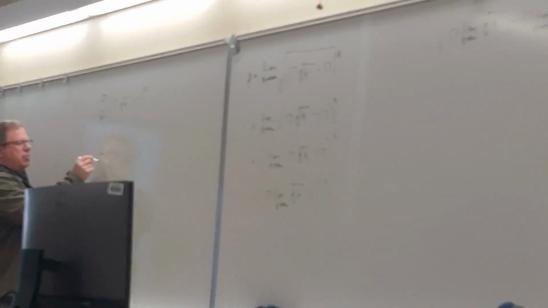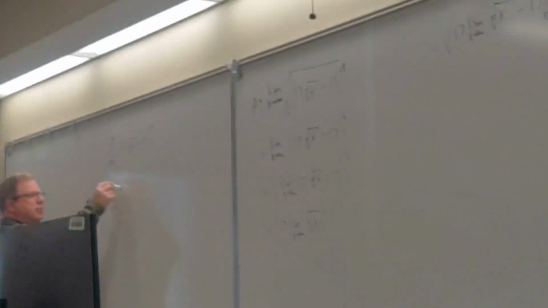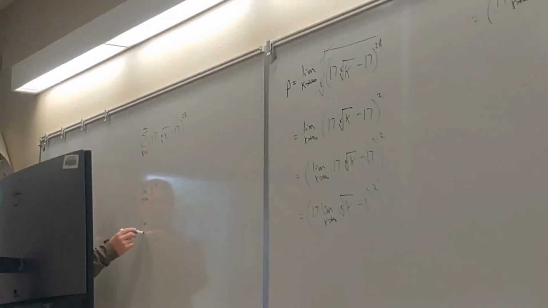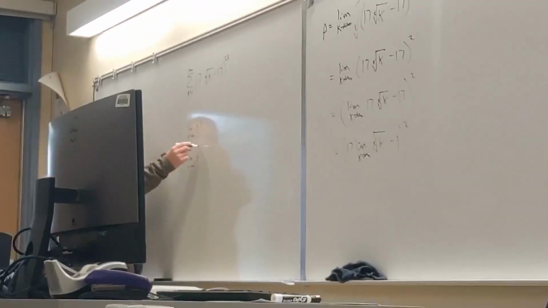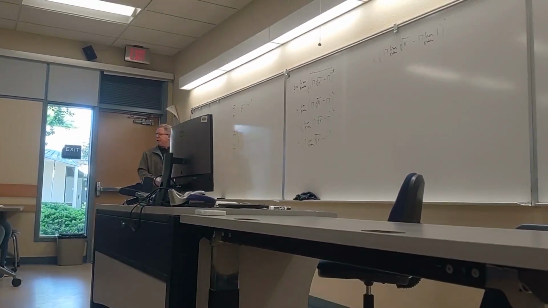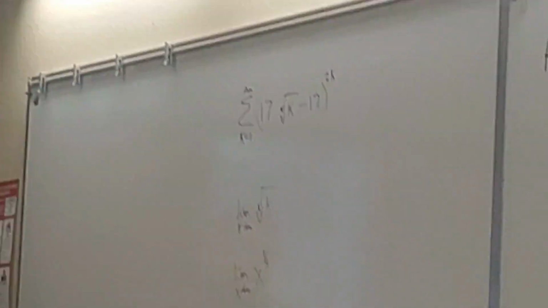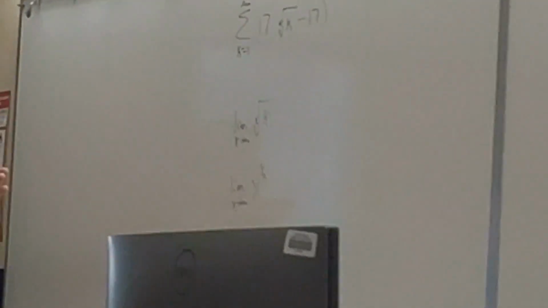Notice this one: the limit as k goes to infinity of the kth root of k. I'm gonna do it in terms of x, and write it as the limit as x goes to infinity of x to the 1 over x. And why did I do that? Because we gotta use the natural log method.